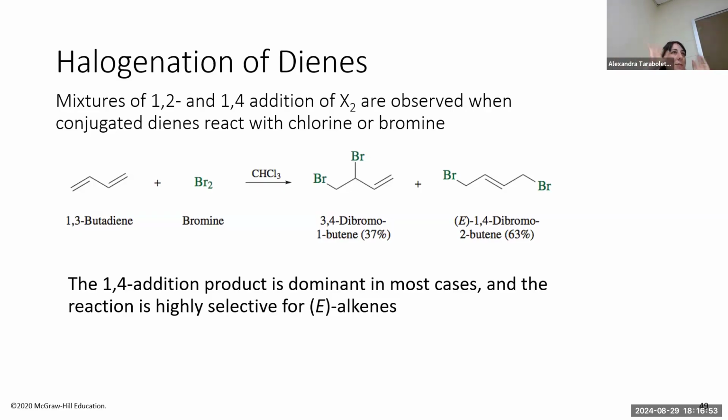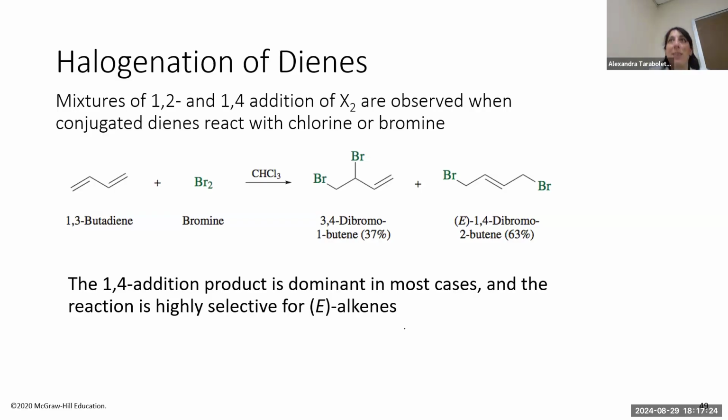Our hydrogen was kind of disappearing in our thoughts because we don't usually draw it, but we added a hydrogen that generated a cation, and then we added the bromine or whatever our halide was. When we add that, we generated the two different products, right? Additions of just straight halogens through halogenation can also generate two products.